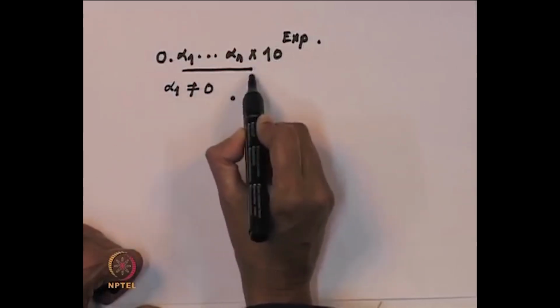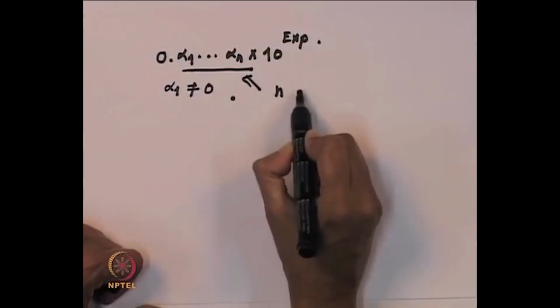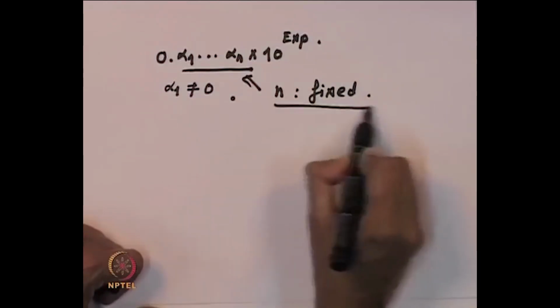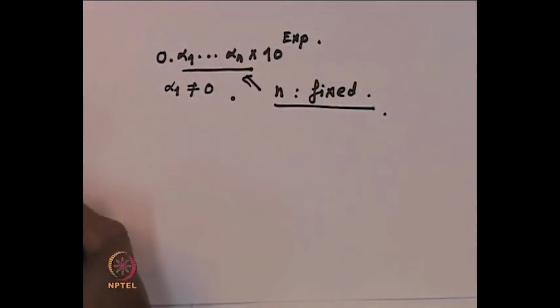So, any number you are going to represent in this form. This n is going to be something fixed, and no matter how powerful your computer is, this n is going to be finite. So, there is always going to be some error.